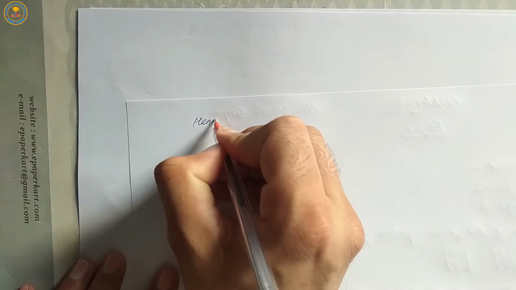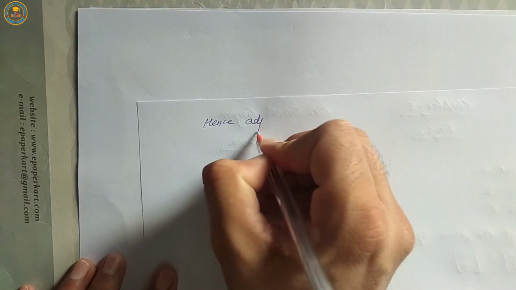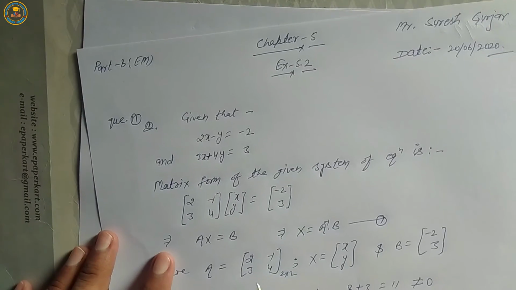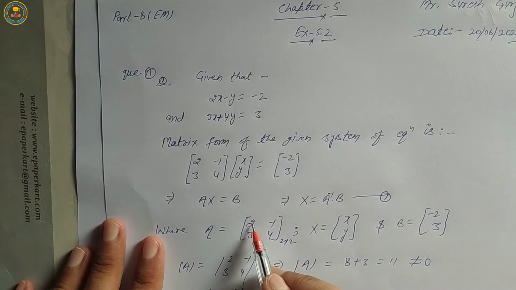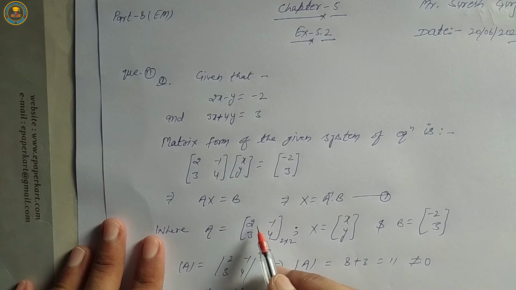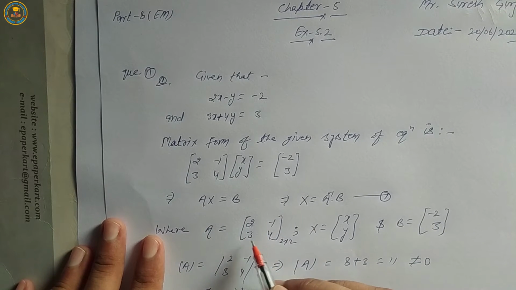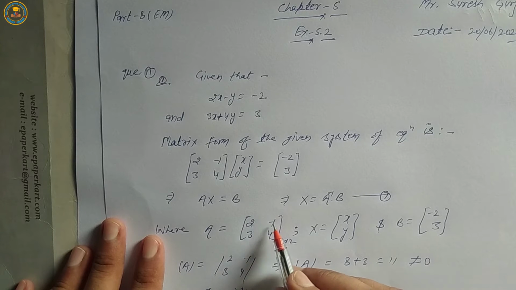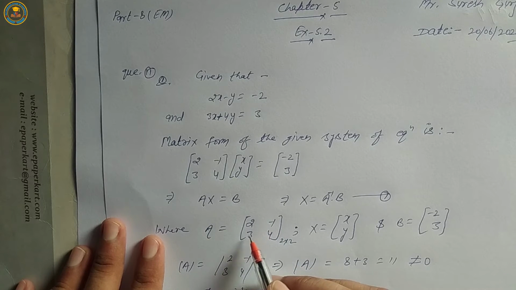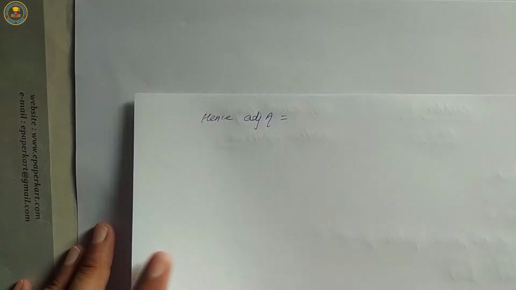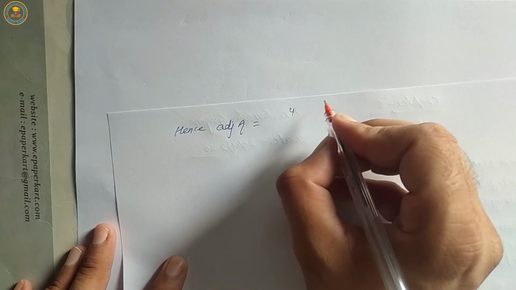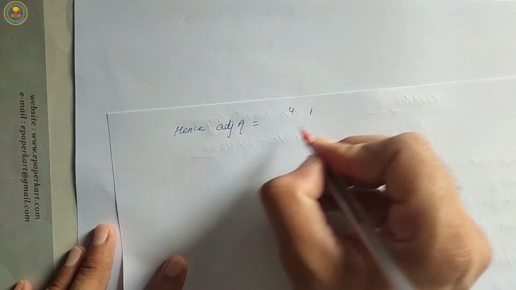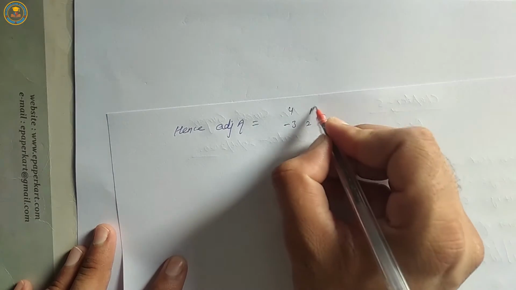Hence adjoint A is equal to 2, 4, interchanging A11, A22, it means 2, 4 interchanging, and changing the signs of the other two, minus 3, minus 1, it means 4, 1, minus 3, 2.